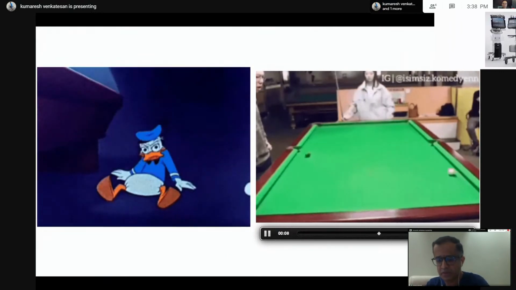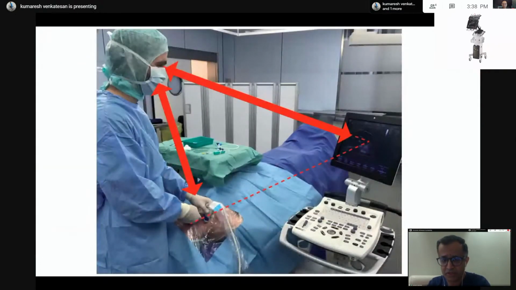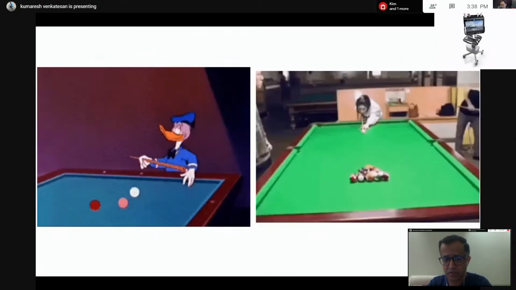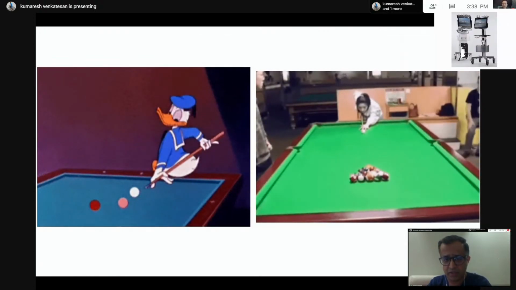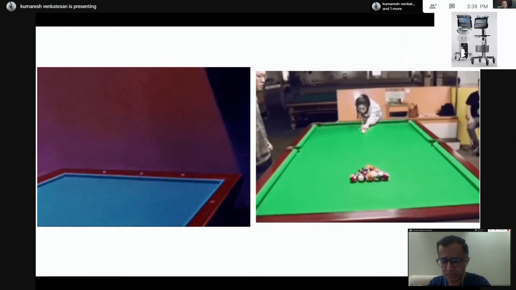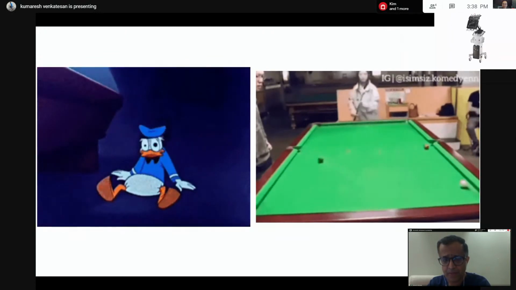The operator who's performing the real-time ultrasound cannulation, the hand holding the ultrasound probe and the needle, and the monitor, they all should be in line. Okay, that's very crucial. Otherwise, you run the risk of causing problems like Mr. Donald Duck. Okay, you'll run into trouble.